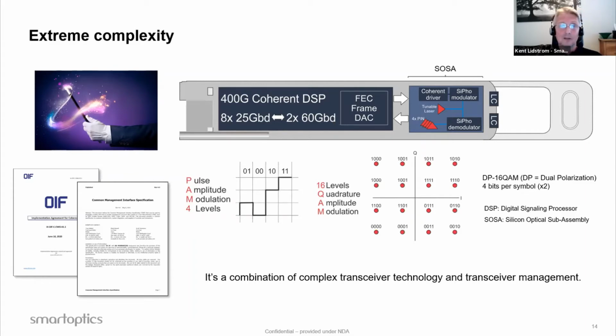So that means if a router or switch supplier has implemented support for an OIF-based 400ZR, you are supposed to be able to run any vendor's pluggable optics in that port, very much like you've been able to do on 10 gig, with the flexibility of selecting the supplier of optics.